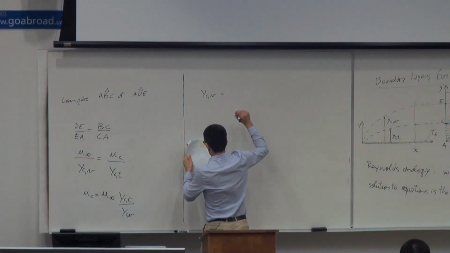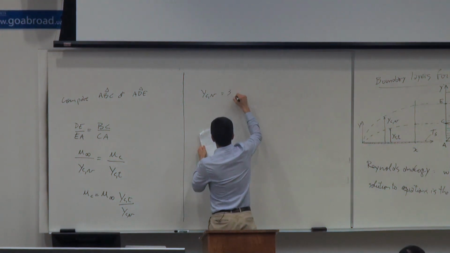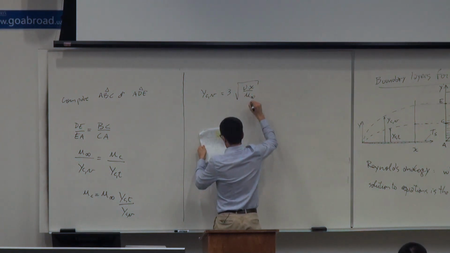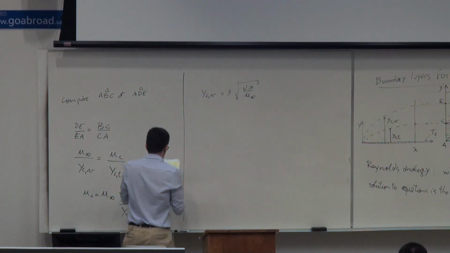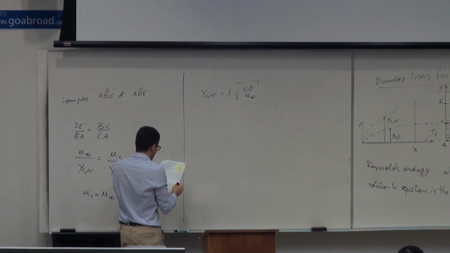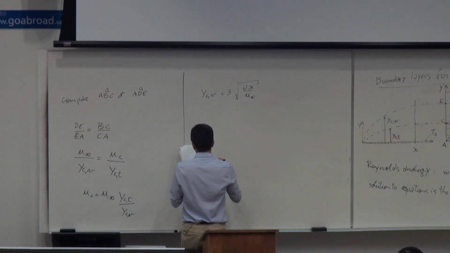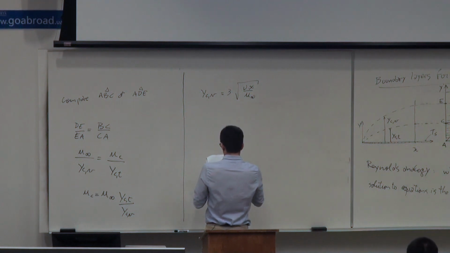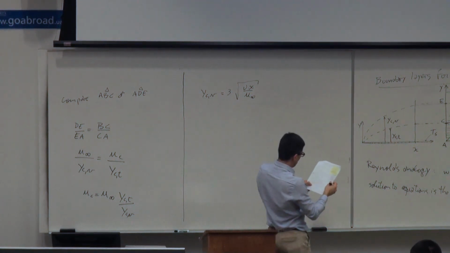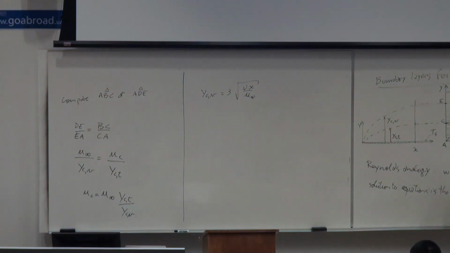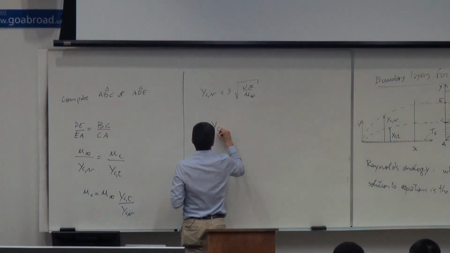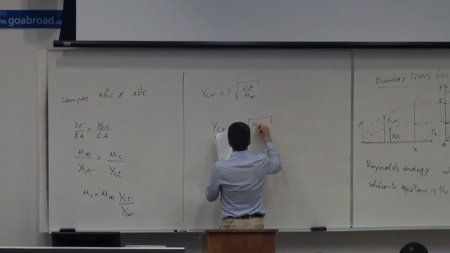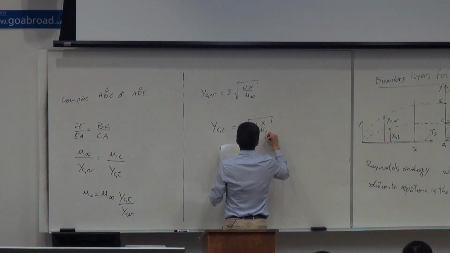So YCV, this is just pure fluid mechanics, was 3 nu x over U infinity. So if I now start replacing things here, where was YCV? YCT, where did I have YCT? Here, YCT. I'm going to square this. So I can say YCT equals 3 square root of alpha x over UC.